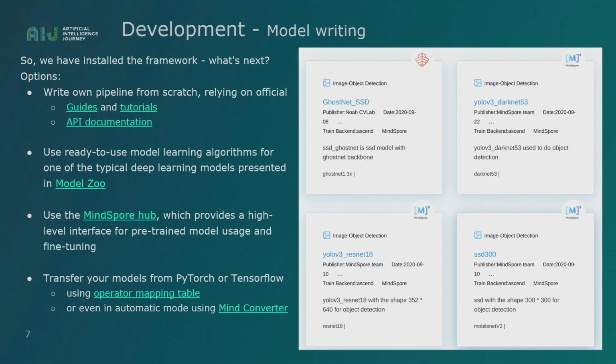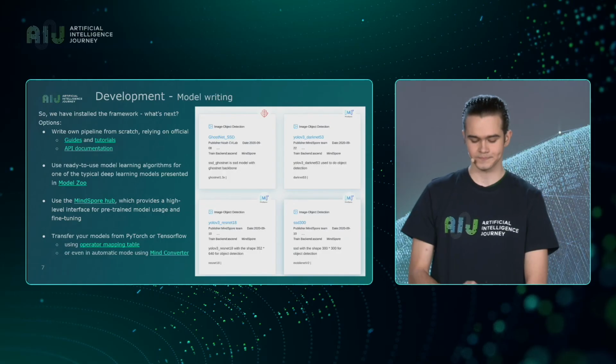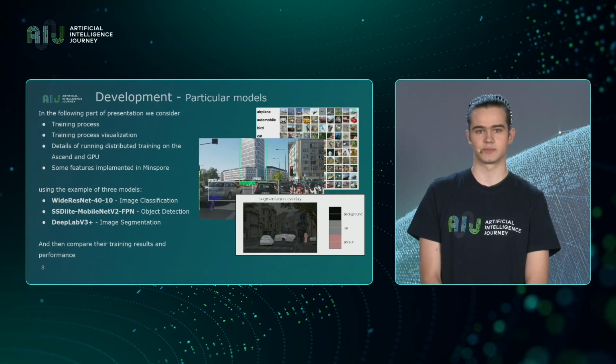You can use the operator mapping table. They're very similar, but just in case you can compare. Or you can even use an automatic script called MindConverter that helps automatically transfer your model, your script, from PyTorch or TensorFlow to MindSpore.